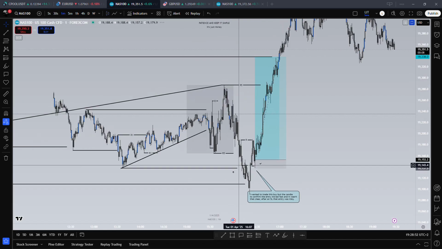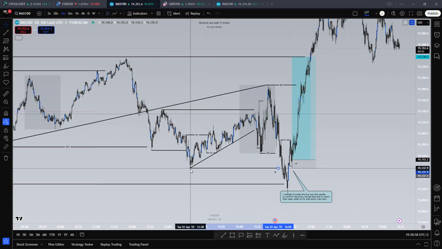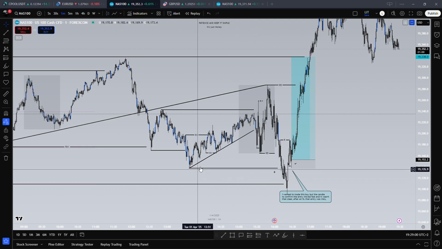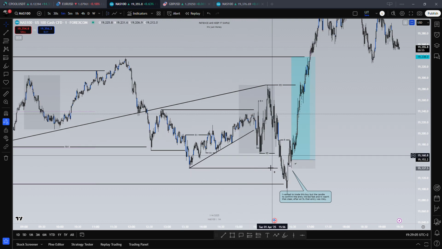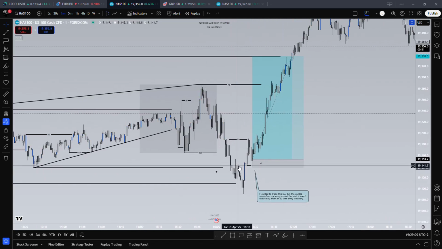And then we went lower. Okay, when we went lower, I was focused on this low only because we had all the liquidity here, and with this engulfing candle, I think it was this one.